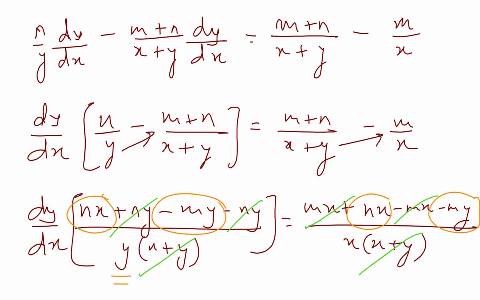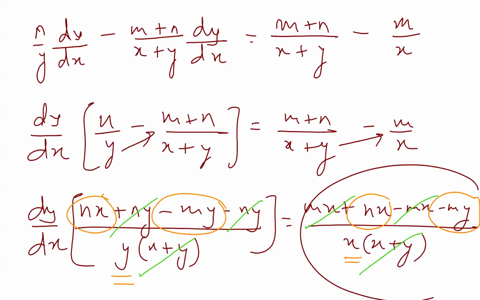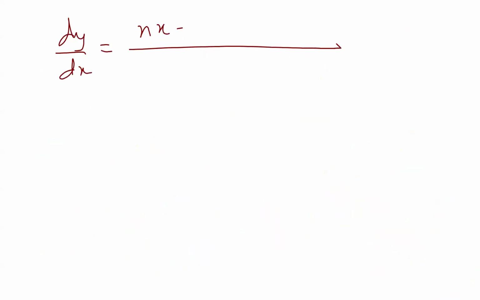We are also left with y and x. So dy by dx equal to, first I will write down the right hand side, nx minus my upon x.